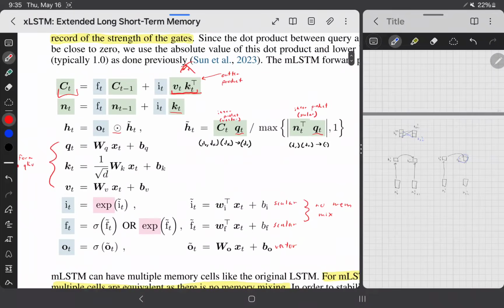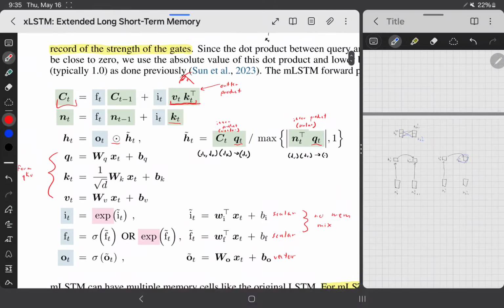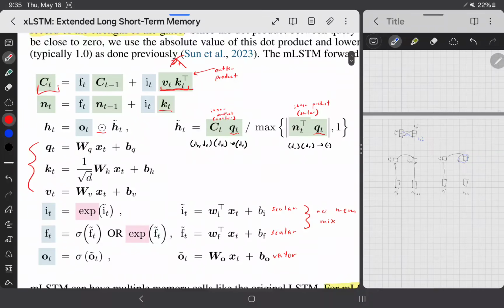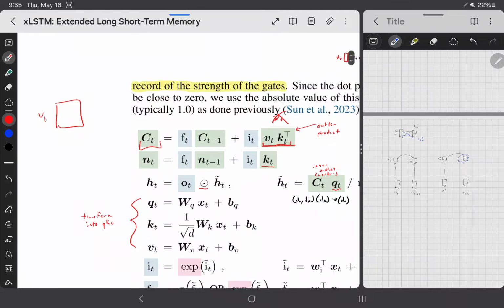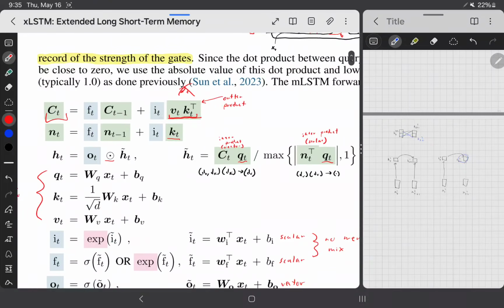So the first thing you do is you take your input and you project it to your queries, keys, and values. So now you have three vectors. So you have three inputs. Then you do this outer product, vector product, and you get this dV by dk matrix here, and this gives you your input.